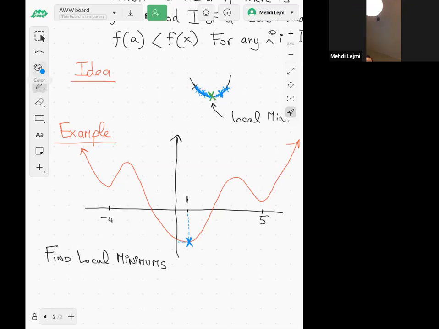So this point would be a local minimum, of course, but it's also a global minimum, right?